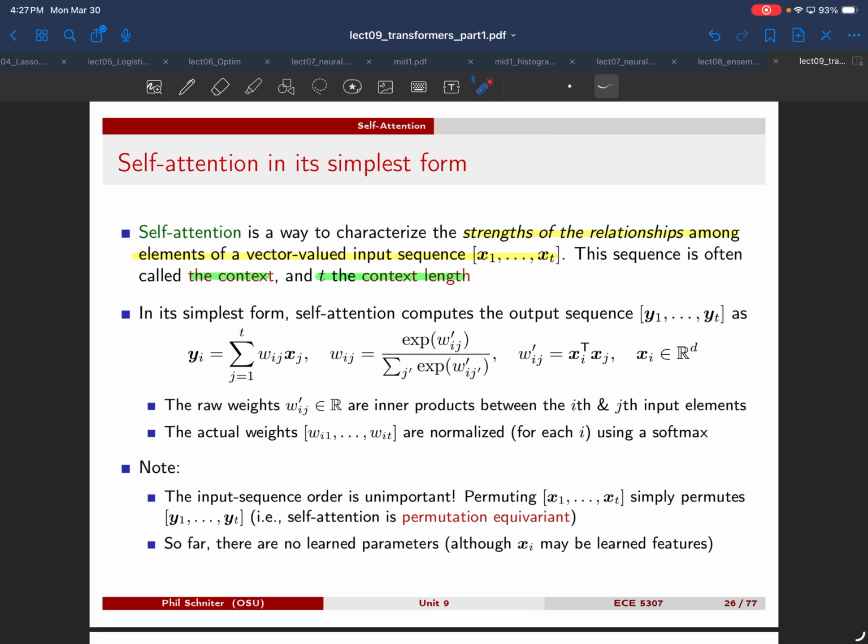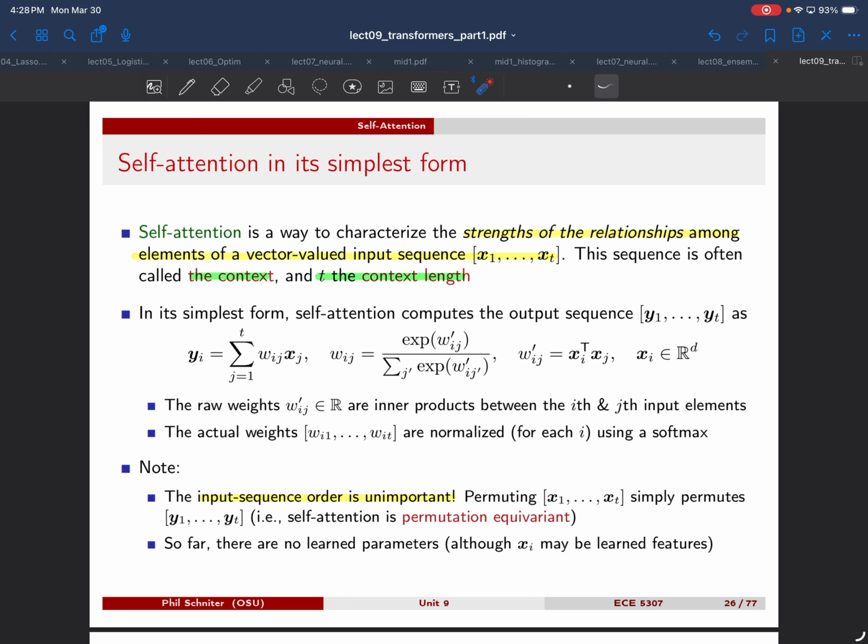All right. So again, this can be done with any kind of time series data. It doesn't need to be language. A couple important notes when doing this: the input sequence order is unimportant, in the sense that if you permute the input sequence x1 through xt, the only effect will be that you permute the output sequence.